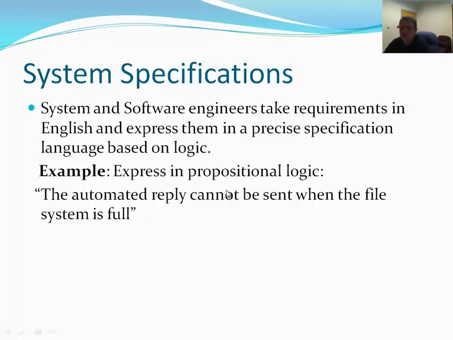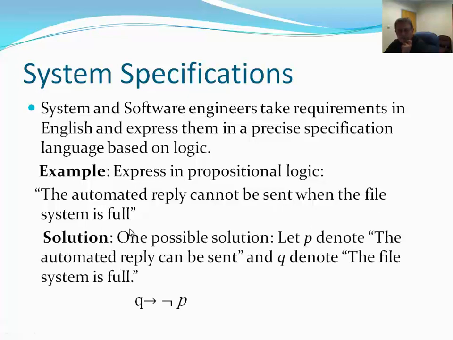Expressing propositional logic. The automated reply cannot be sent when the file system is full. So we have two sentences here. One is the automated reply cannot be sent. The other one is the file system is full. So one possible solution: let P denote the automated reply can be sent.